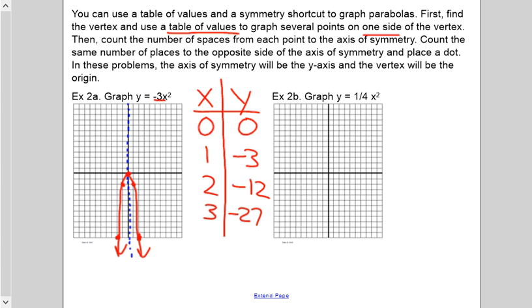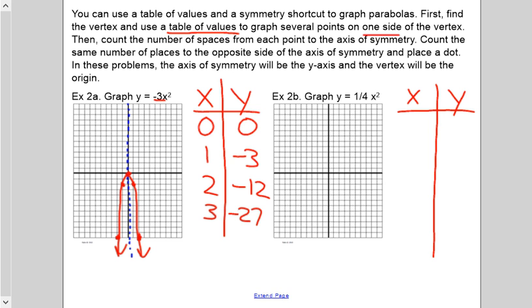Example 2b, graph y equals 1/4 x squared. Table of values. Now I'm going to choose my numbers carefully here because I don't like working with fractions. Okay? If you remember, when we graphed before, if you had a fraction, your x's should always have been multiples of the denominator.